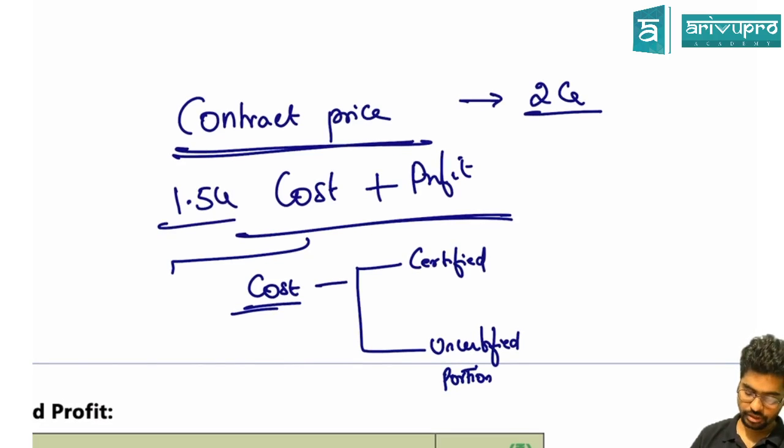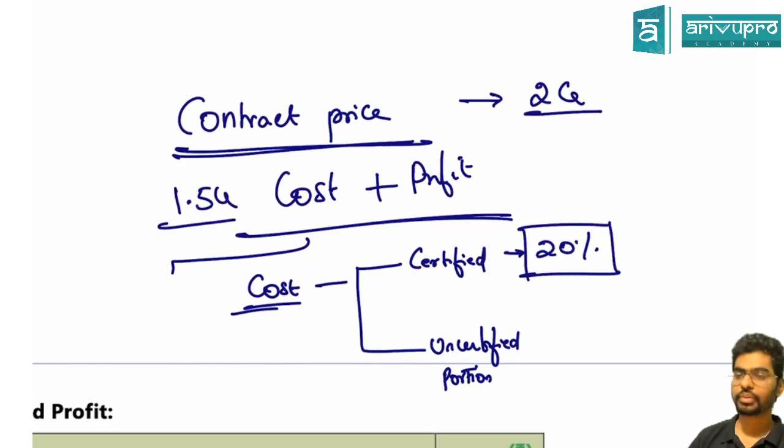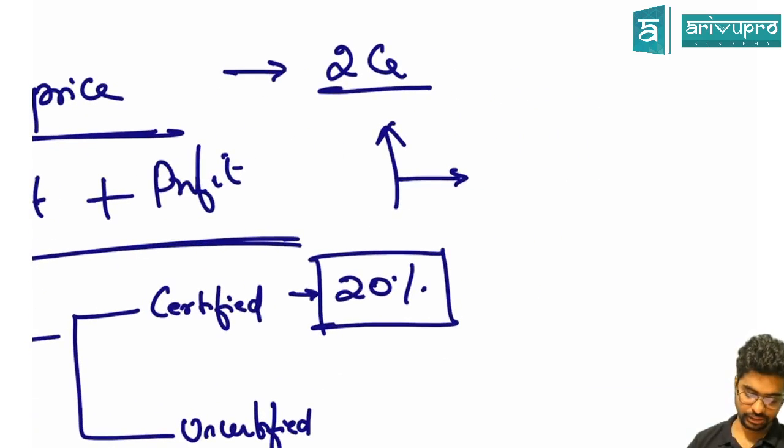When I say 20% certified, you're going to be taking 20% of what? When I say 20%, thank you Suresh, we will be taking 20% of the contract price, saying that 40 lakhs worth of contract is done.